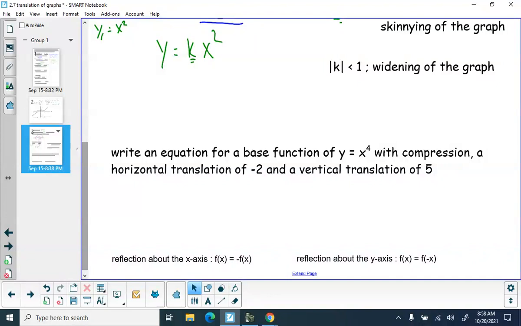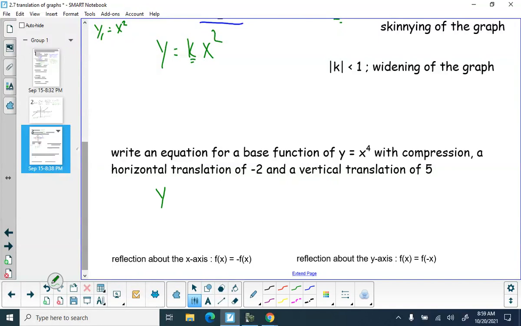So if I take a look, we have an equation for a base function of y equals x to the fourth with compression and a horizontal translation of -2 and a vertical translation of 5. Write an equation.